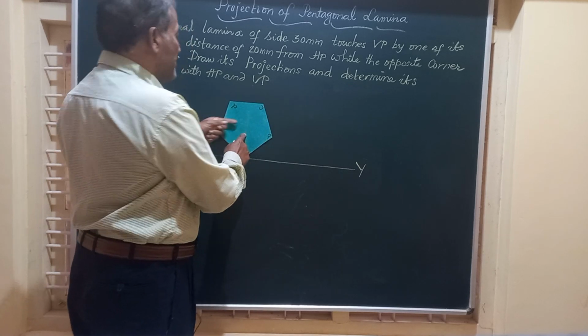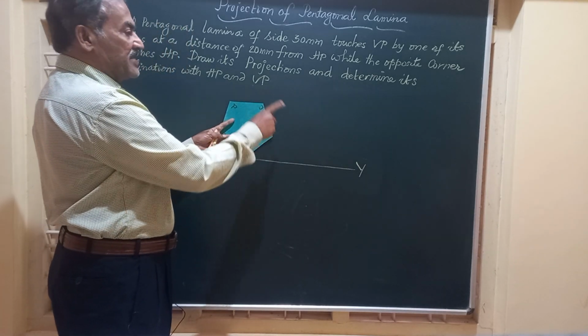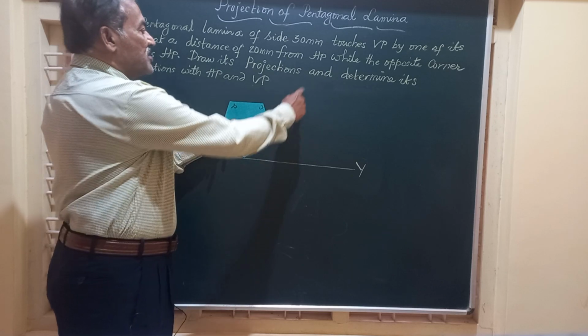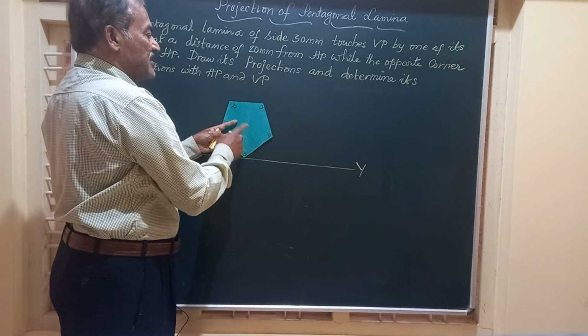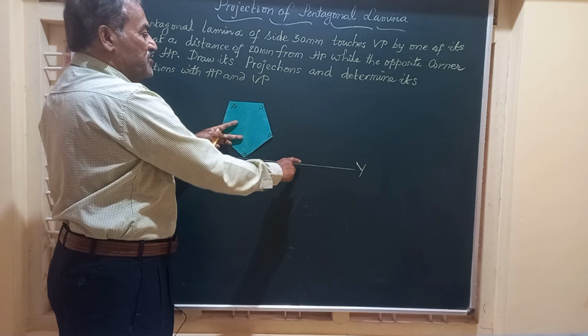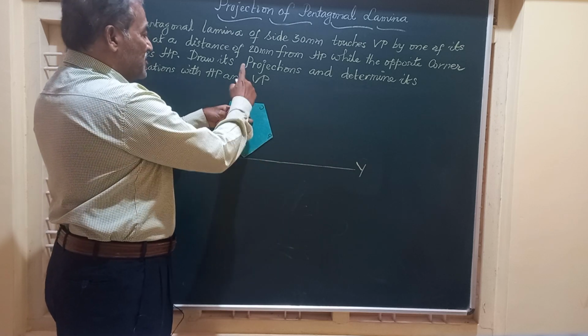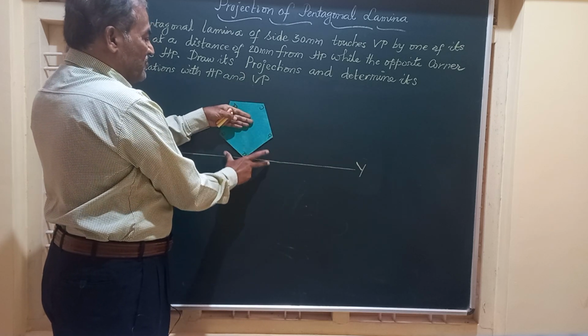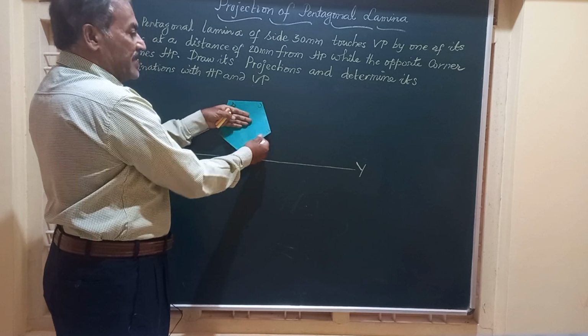I obtain the front view, a regular pentagon of side 30, the side view on x1, y1, a line of this height which I show as M, and in the top view, I get this maximum width, another line on xy.